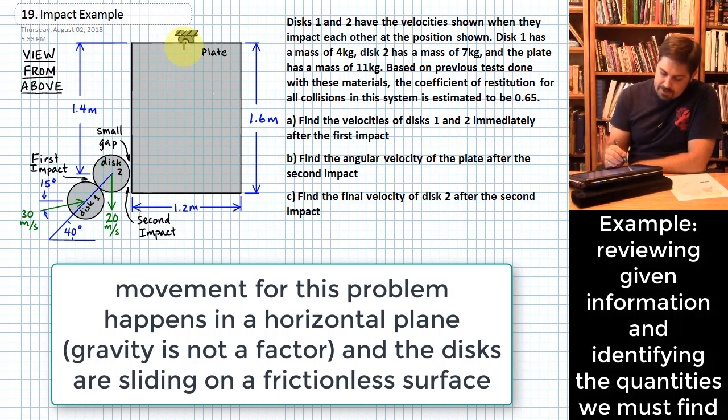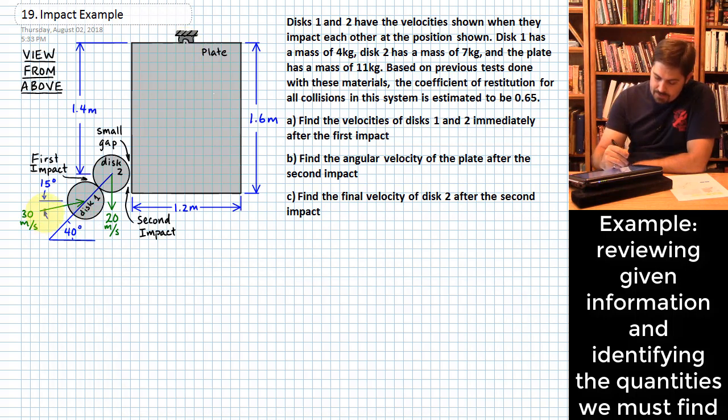Before anything happens here, basically, what goes before here is that disk 1 is sliding in from the left at a speed of 30 meters per second. And it's going to impact disk 2, which is sliding downward such that it's sliding parallel with this edge of the plate with a small little gap in between.